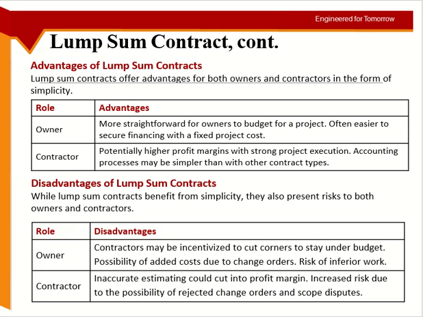So the profit margin itself is not fixed. Even when he is quoting the price, it's not fixed because he still has to do the project. The actual profit margin will only be known once the project is finished. During the project, it can go both ways. But definitely if there's a problem with the estimation, it will hurt the contractor.